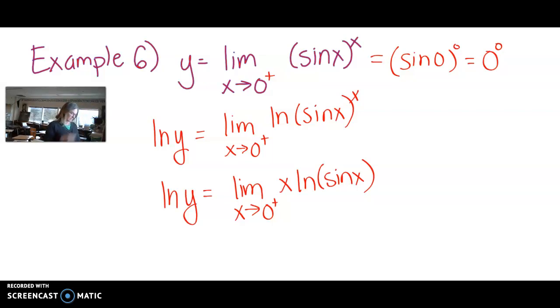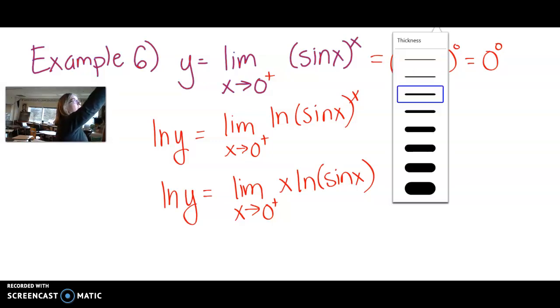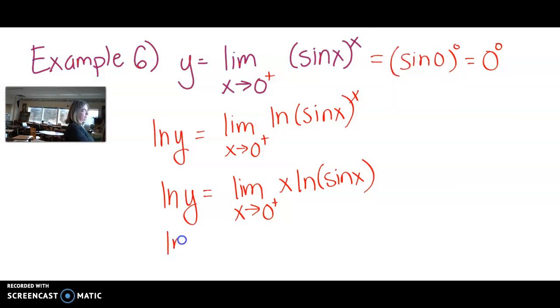So now what we need to do is something similar to what we did in the last example. We're going to write this so that we get this into the form 0 over 0. So we're going to kind of ignore this left side for a while. We're going to find the limit on this side. If you keep writing the ln of y, fine.